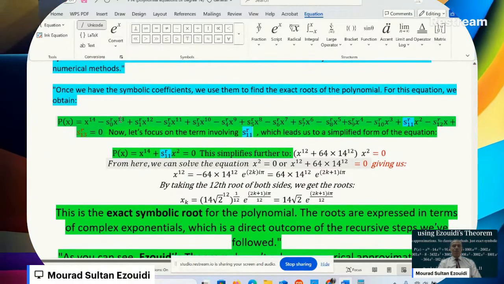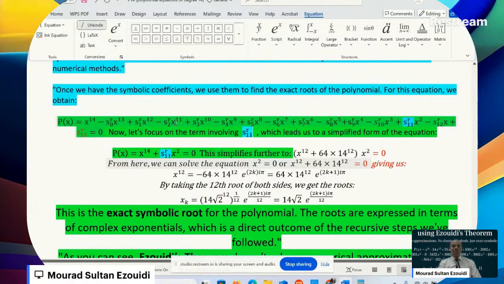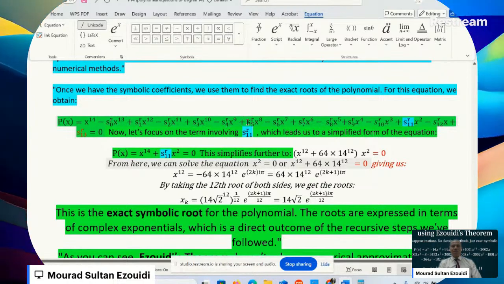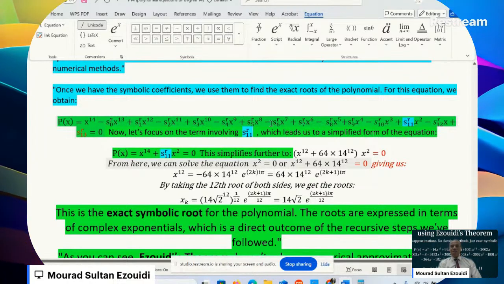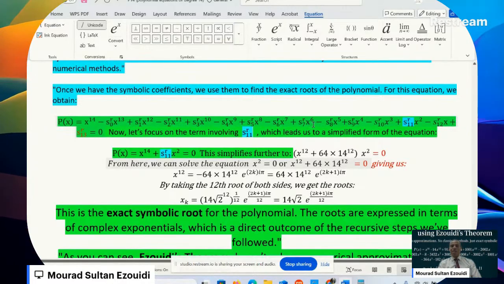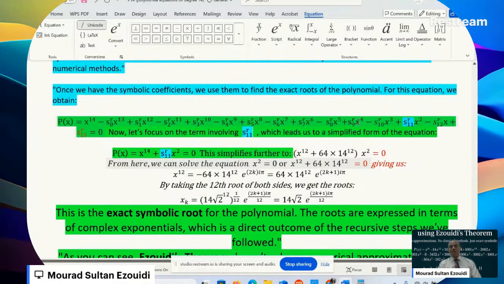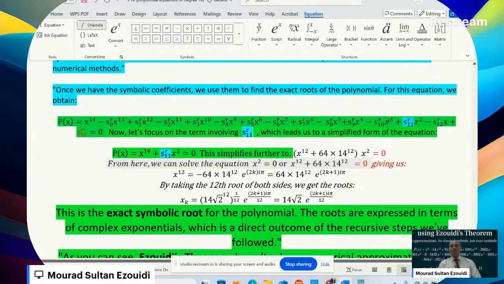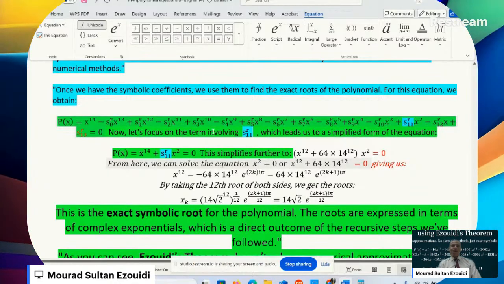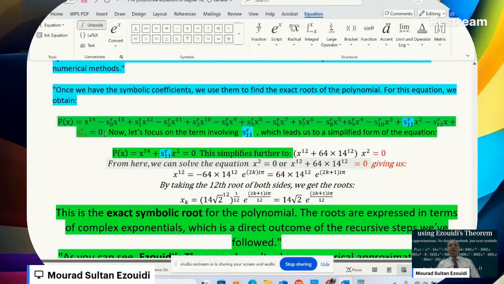x^14 minus S0 x^13 plus S1 x^12 minus S2 x^11 plus S3 x^10 minus S4 x^9 plus S5 x^8 minus S6 x^7 plus S7 x^6 minus S8 x^5 plus S9 x^4 minus S10 x cubed plus S11 x squared minus S12 x plus S13 has to be equal to 0.